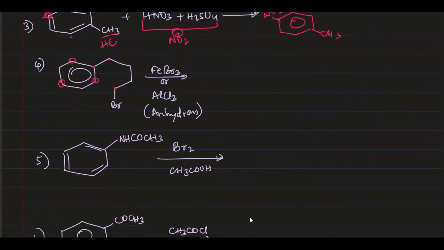Now because this is a cyclic compound, the reagent, FeBr3 or AlCl3, is going to act at this carbon only. So it's going to generate this type of molecule plus. So this will be the electrophile, AlCl3Br minus.